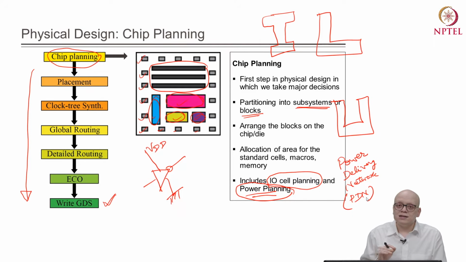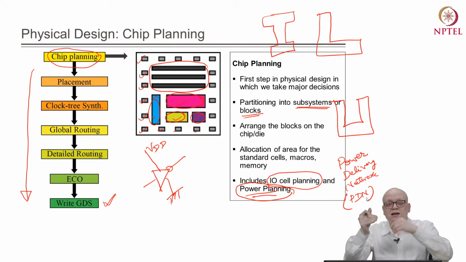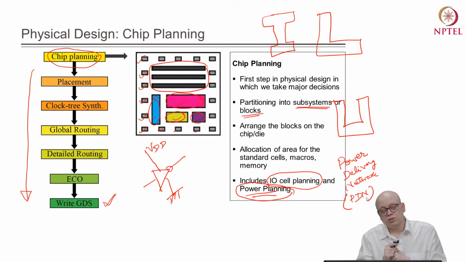Another consideration that is important during this chip planning stage is congestion, right. Congestion will highly depend on how we place the blocks or bigger blocks on the layout. If we put a block in some way, then there may be a region where lots of nets are coming or lots of wires are running through that region, and that region gets congested.